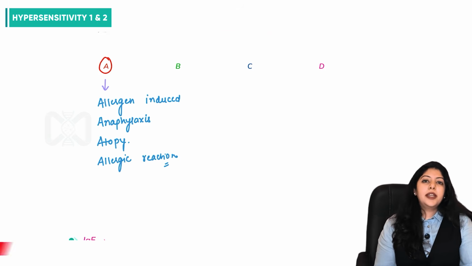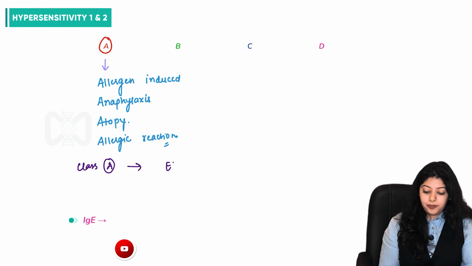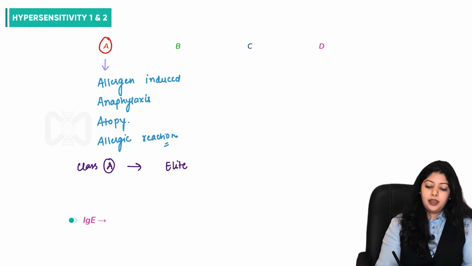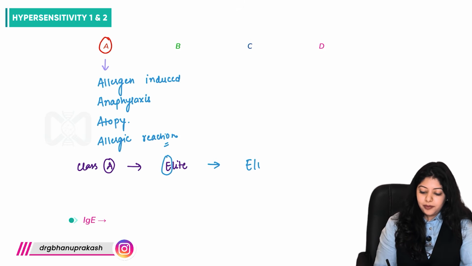So let us now take up a small story: class A people are elite people, and elite people tend to drive elite cars. What are those elite cars?